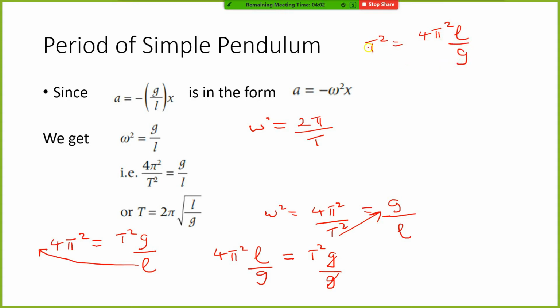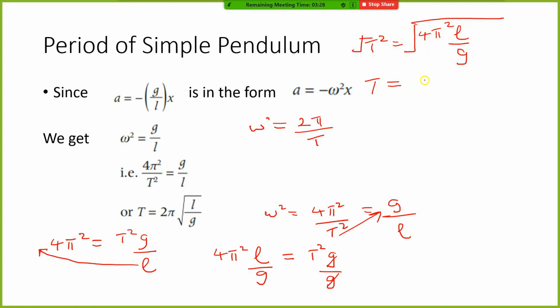Remember, we said that we want T, which is the period. In order for me to get rid of the square, I have to square root both sides, because in essence, the opposite of squaring a number is finding the square root. I have to square root this side, and I have to square root everything on this side. Square root and square cancel out, leaving me with T is equal to the square root of 4 pi squared times L upon g.